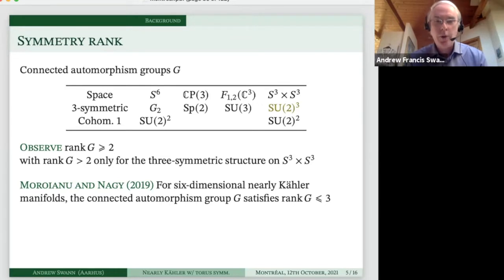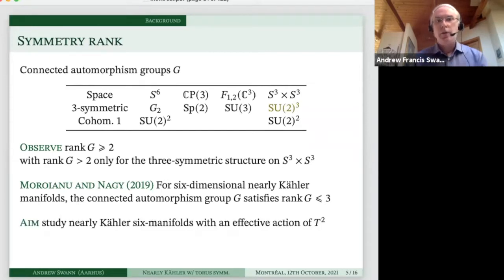So it's an open question at the moment whether there are other complete examples with rank 3 symmetry. But the aim of the work I'm doing with Giovanni Russo is to look at the case when we have T2 symmetry. So we have more examples to play with and potentially more room to find new cases.